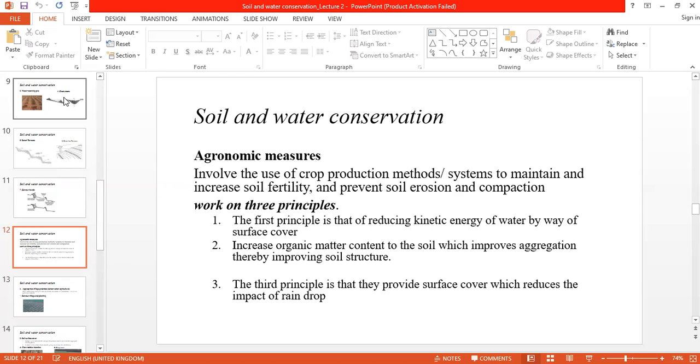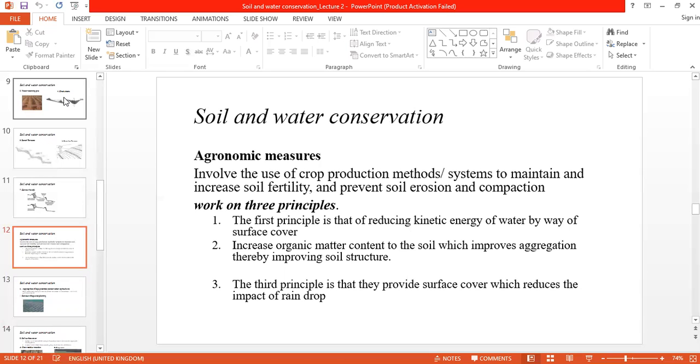Then the third principle is that they provide a cover on top of the soil, such that if rain drops on the soil, it creates like a sheet on top of the soil, so the impact of the raindrops is not felt on the soil. Like we saw, soil erosion is accomplished in three stages.